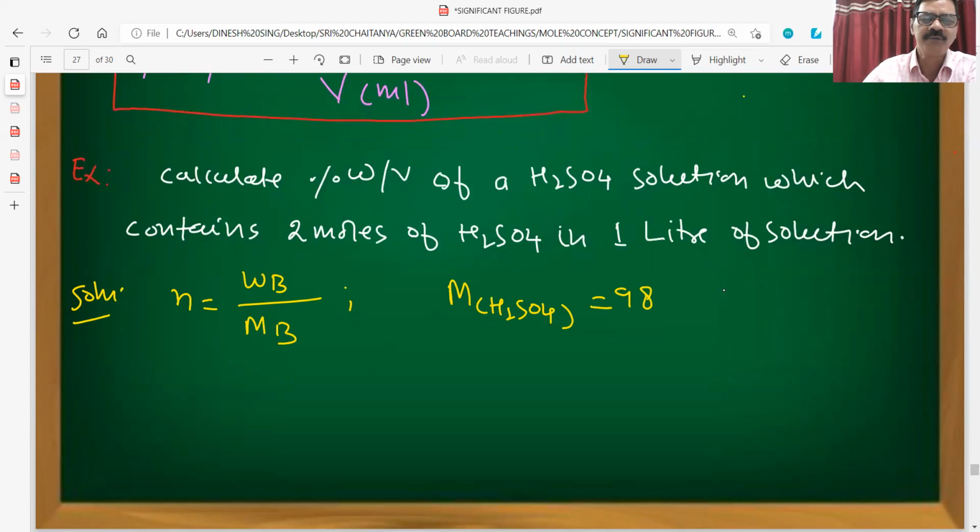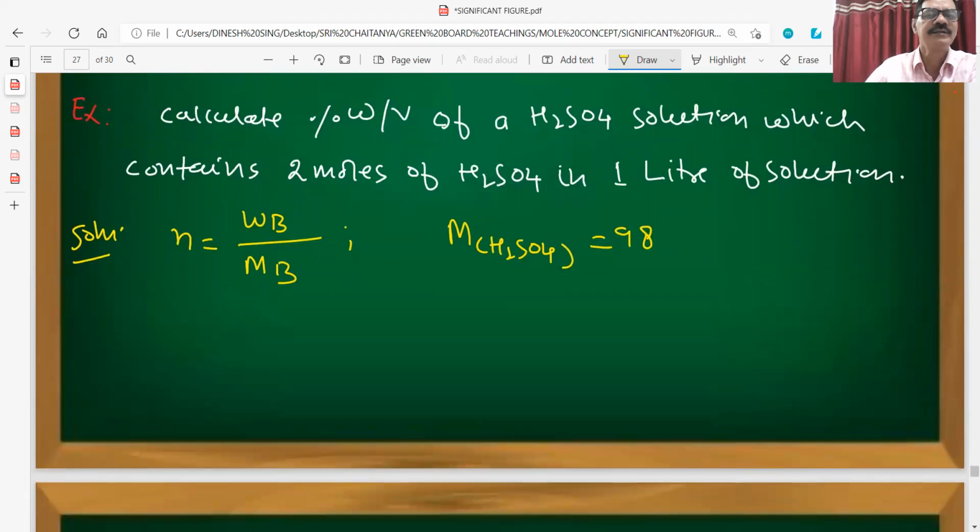So this WB we have to calculate first, because in the formula we have the weight of the solute, and MB is already given, or we must know. This is understood.